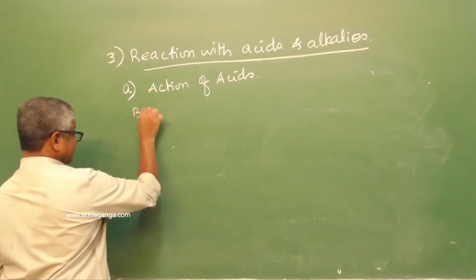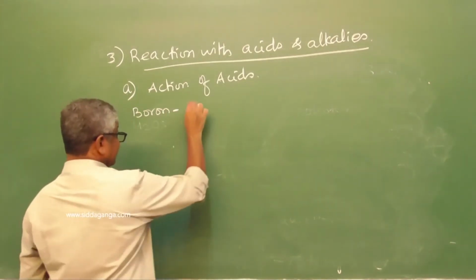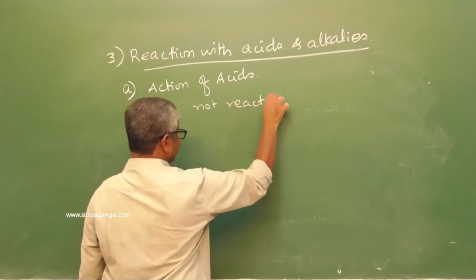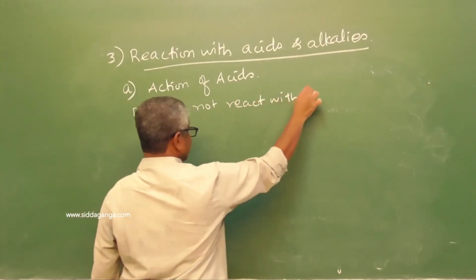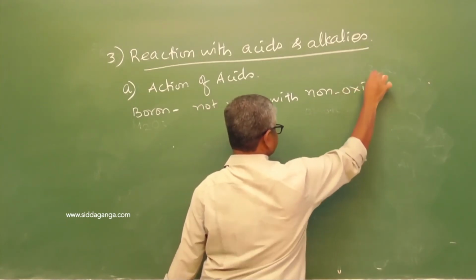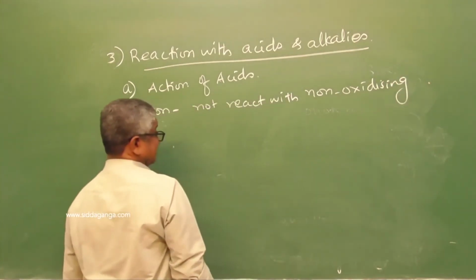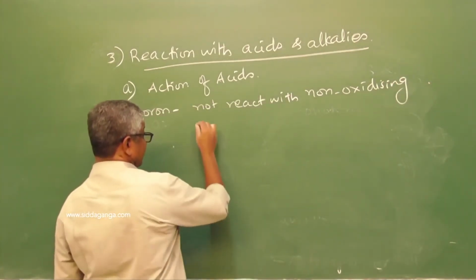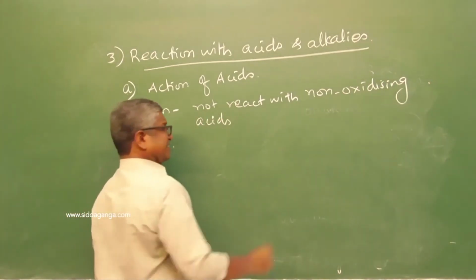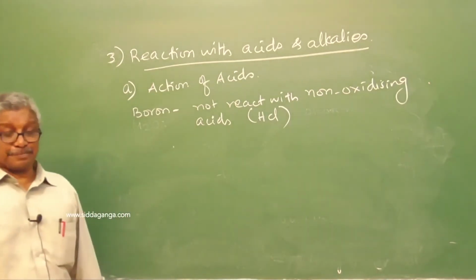In this, boron does not react with non-oxidizing acid. What is a non-oxidizing acid? Example, HCl.